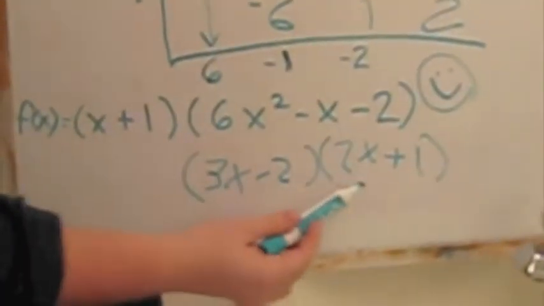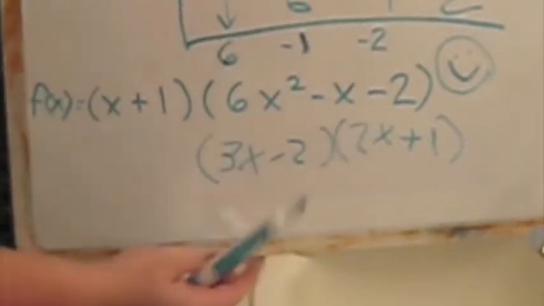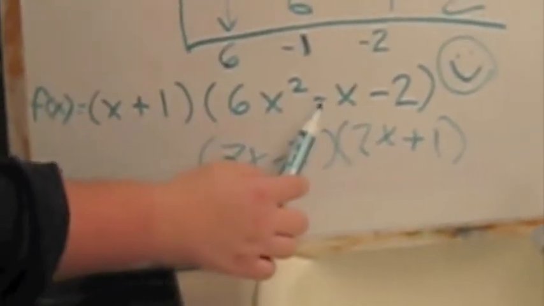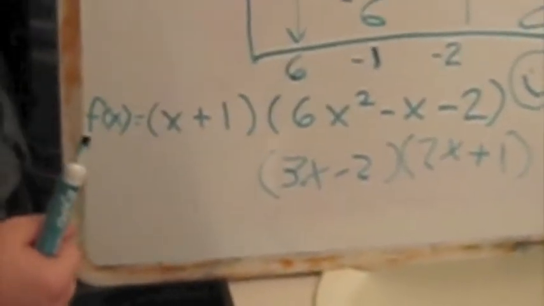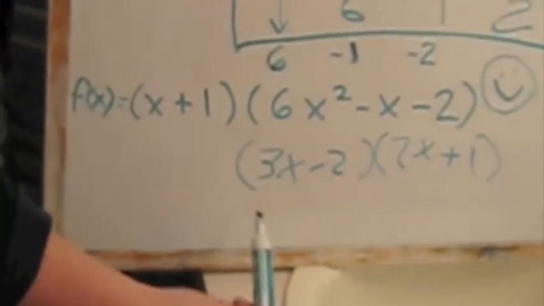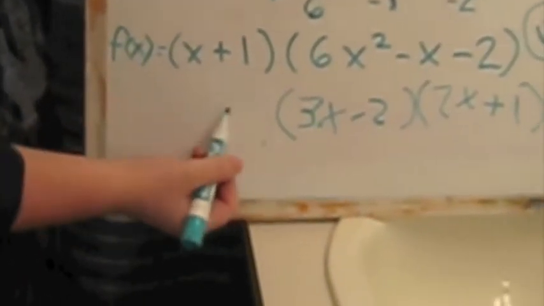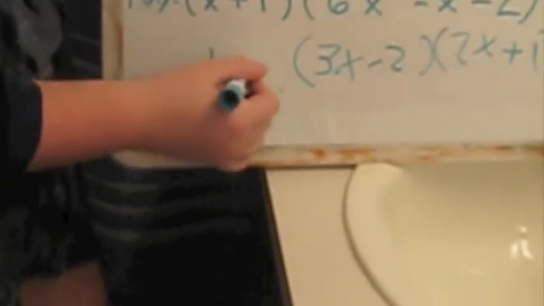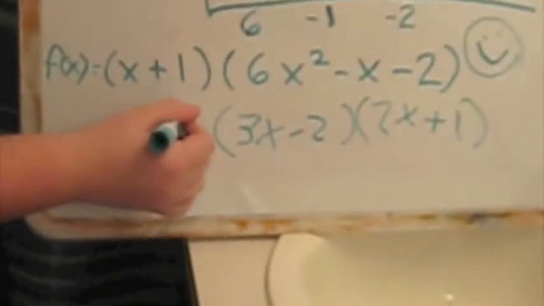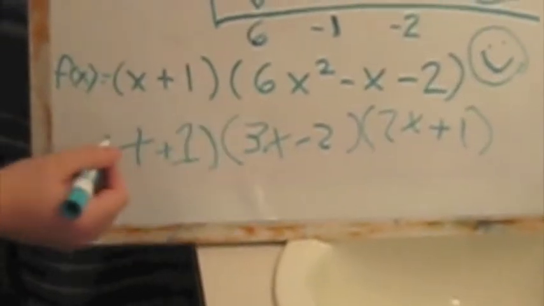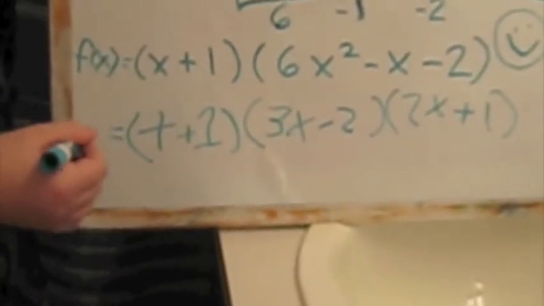And then that equals negative 2, and it would leave a negative 1 for the x left. And then you would carry down the x plus 1 and equal it to f of x.